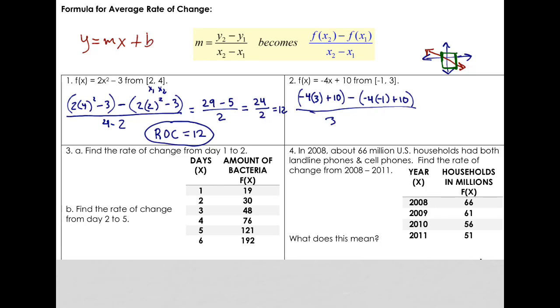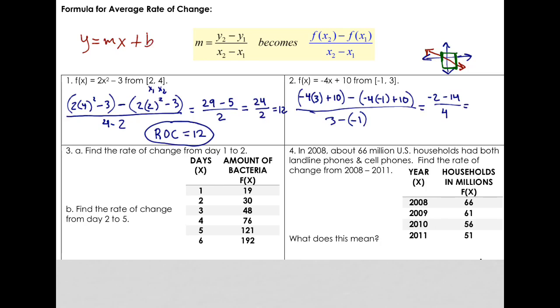So 3 minus a negative 1, guys, which we know is really like a plus 1. So that's going to end up turning into a 4. But put it in your calculator if you don't know that. So the top turns into a negative 2 minus 14 over a 4.